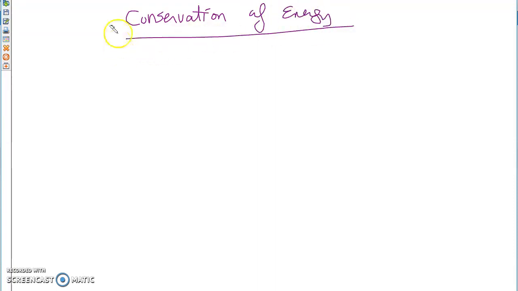Basically, conservation of energy states that energy cannot be created or destroyed.